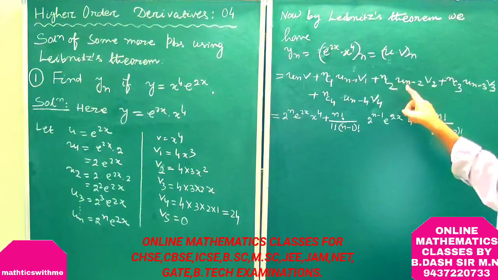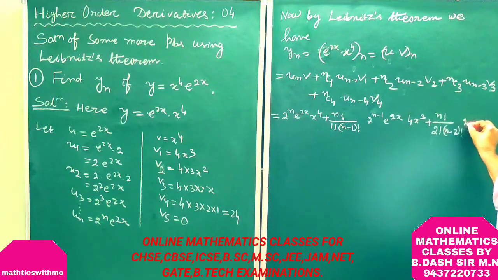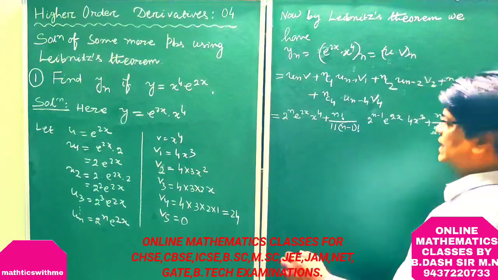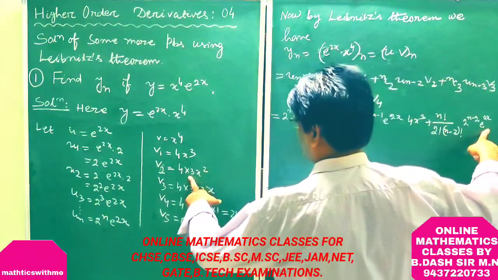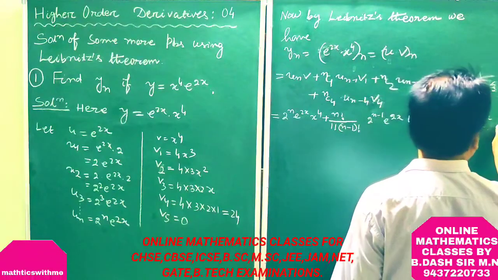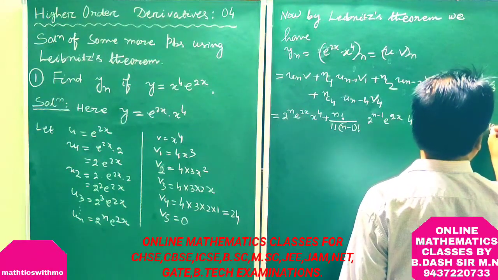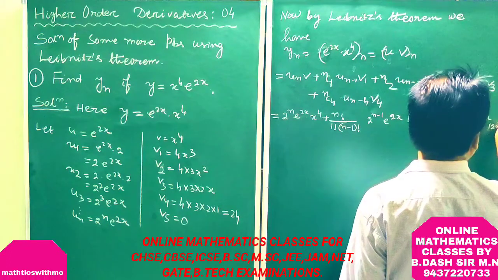Then un minus 2 is 2 to the power n minus 2 e to the power 2x, into v2. v2 is 4 into 3, 12x square.